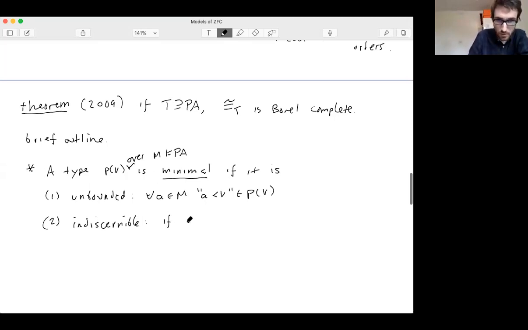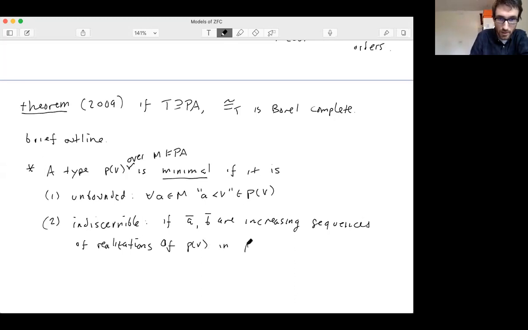So if a, b are increasing sequences of realizations of p(v) in N extending M, then (N, a) is elementarily equivalent to (N, b). They satisfy the same formulas.